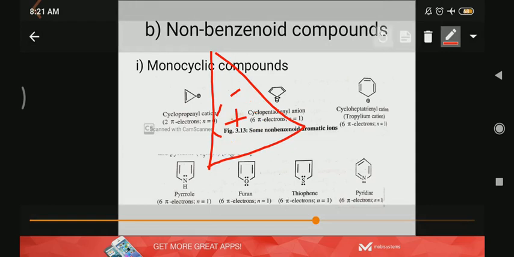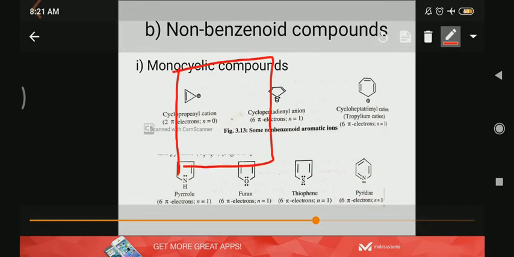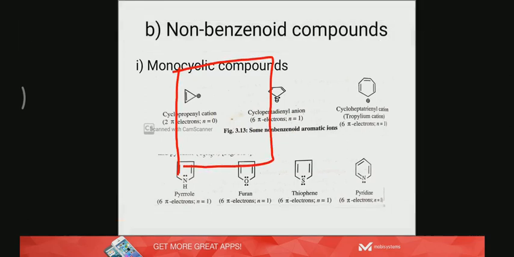Now an interesting example is this one. See, what is this compound? Tell me. This is cyclobutane. If I put 2 pi bonds here, what is this? Cyclobutadiene, correct? You can see all carbons are sp2, so it is completely planar, and there can be complete cyclic delocalization. Due to resonance, this pi bond can shift to this point, and it is completely delocalized.